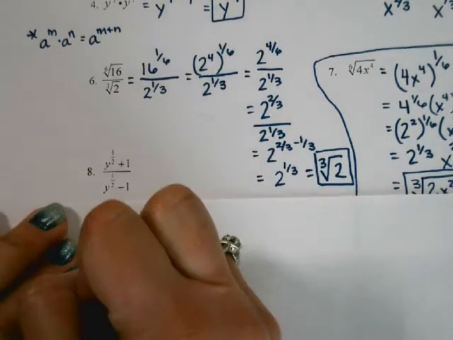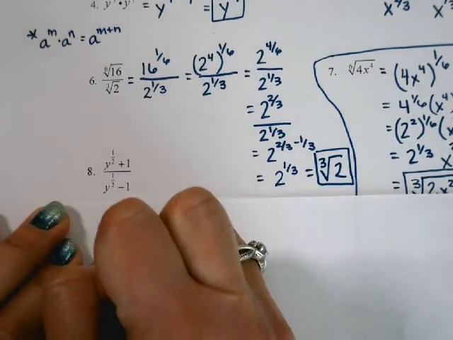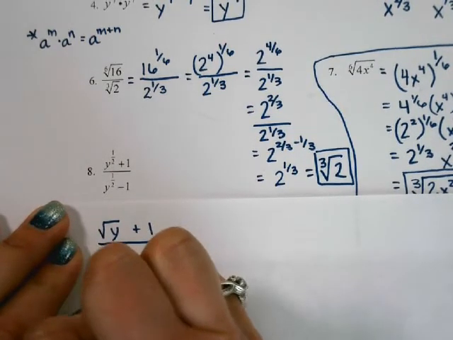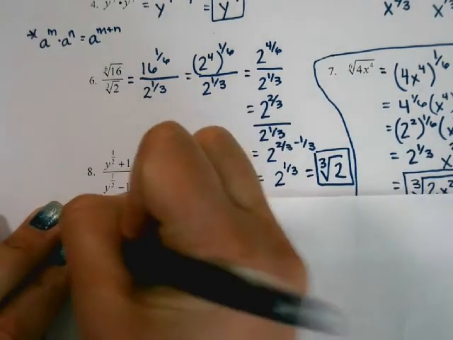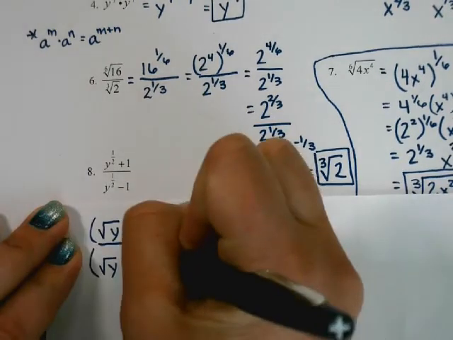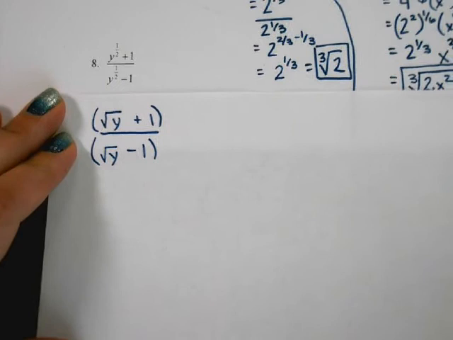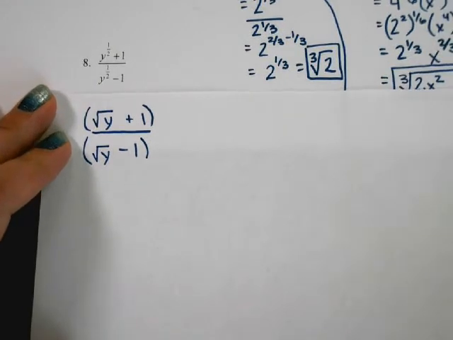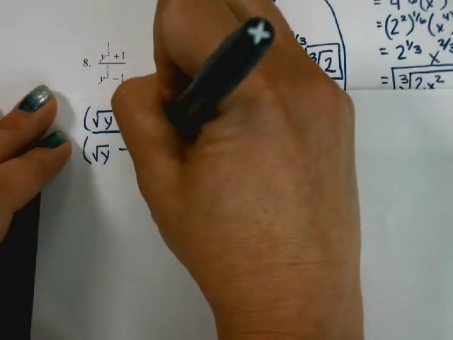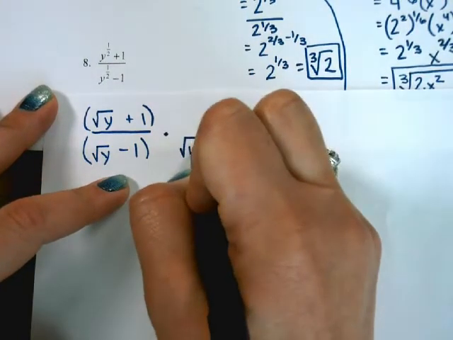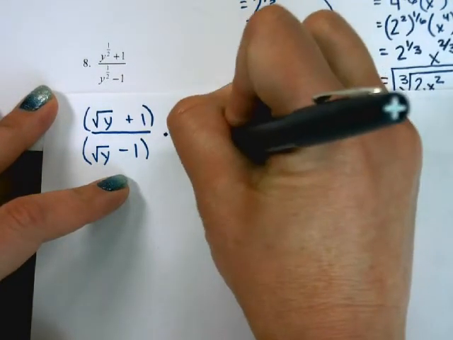All right, so I'm going to rewrite this as the square root of y plus 1 divided by the square root of y minus 1. And now I have to rationalize by the conjugate. Remember, the conjugate is the exact same thing, but the sign in the middle is flipped. So the conjugate of the denominator is square root of y plus 1.